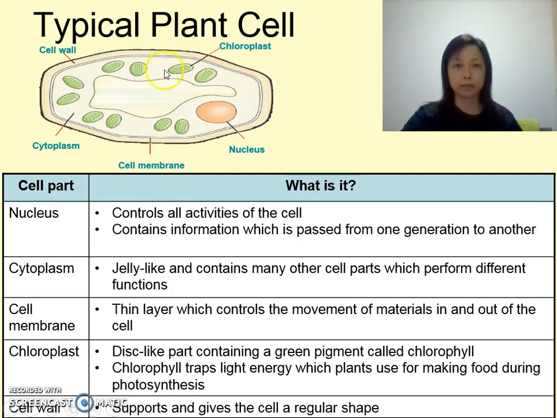The chloroplast, the green color discs, contain a green pigment called chlorophyll. Have you heard of chlorophyll? Chlorophyll traps sunlight so that the plants can use the light to make food during photosynthesis.